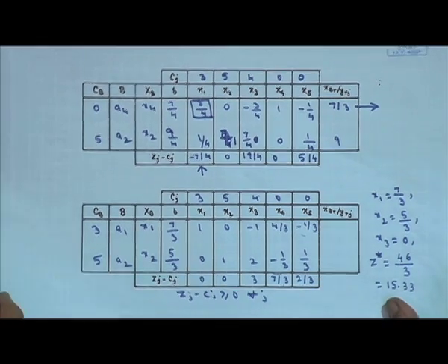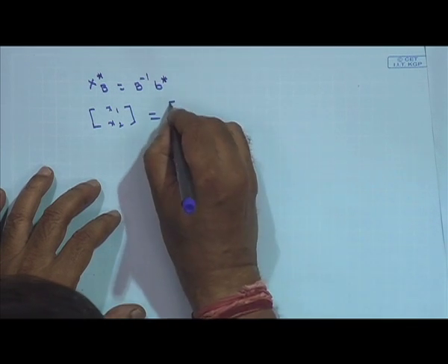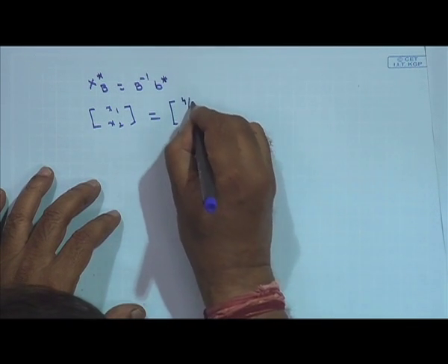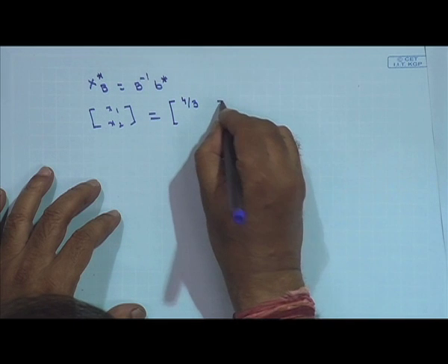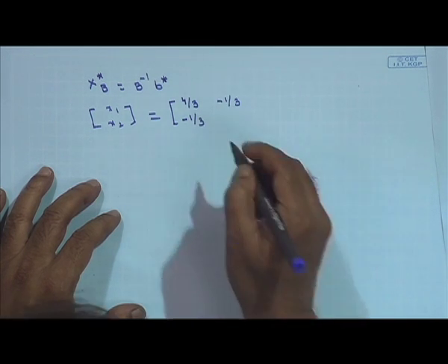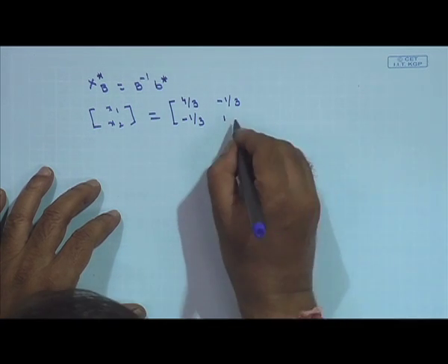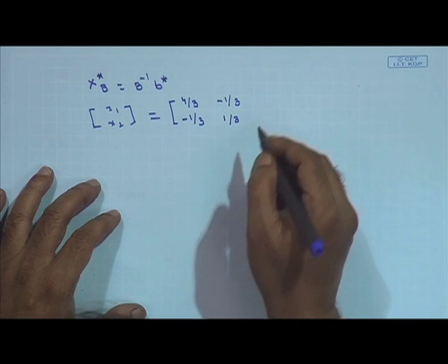So, here we are writing this one as 4 by 3, minus 1 by 3, into minus 1 by 3 and the last one is 1 by 3.